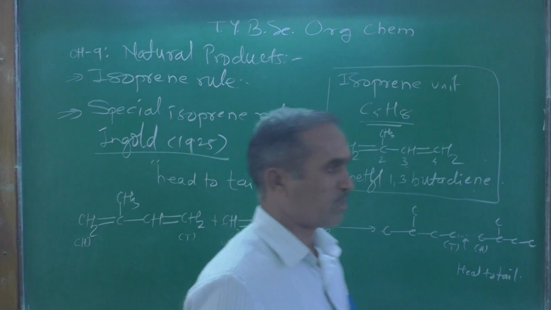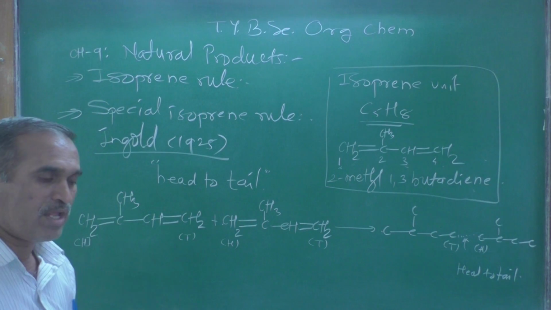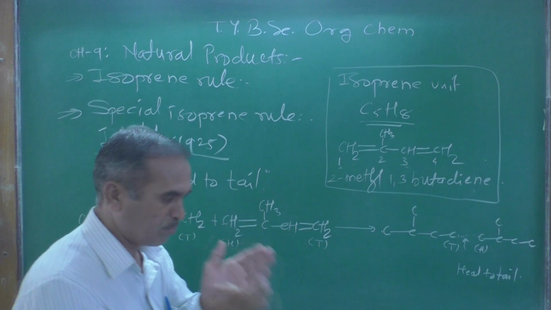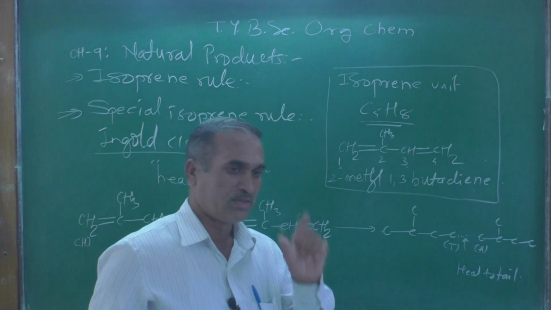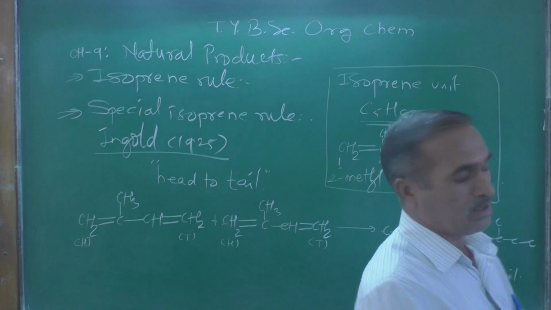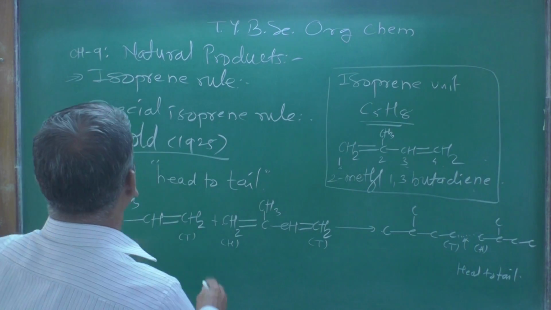He pointed out, he suggested, that every natural product is built up by head to tail joining, and only then are they natural compounds or natural products. So this is the thing which we have seen over here.